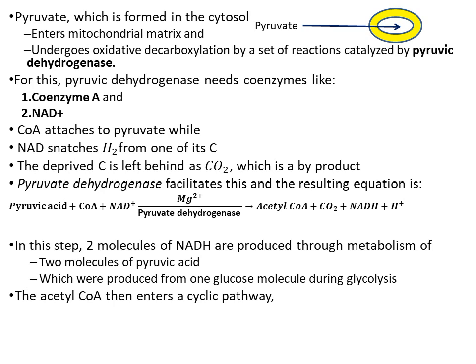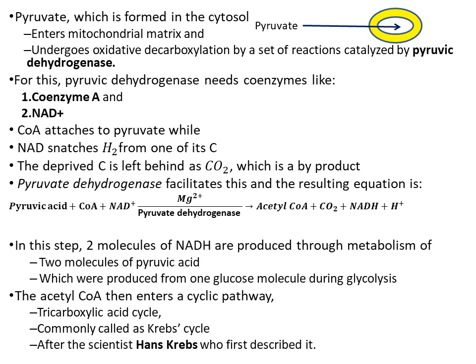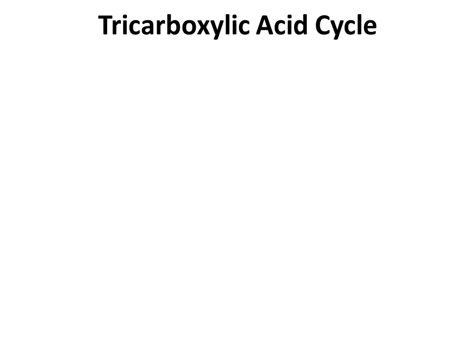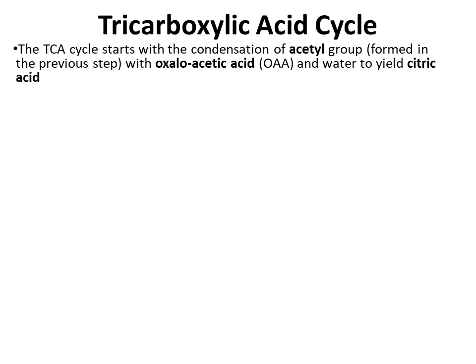The acetyl coenzyme A now enters a cyclic pathway called the tricarboxylic acid cycle, commonly also known as the Krebs cycle after the scientist who described it, Hans Krebs. With 1 carbon already removed from pyruvic acid, the TCA cycle begins.